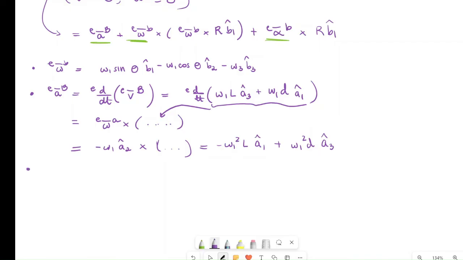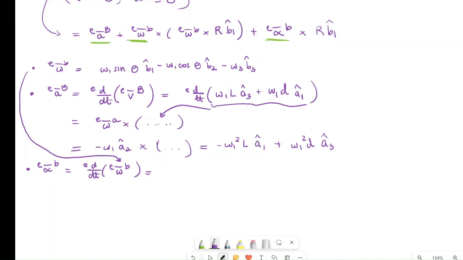And then finally we have the angular acceleration of B and E. So this is just going to be equal to the time derivative of the angular velocity of B and E. And that we know from up here. I can just plug that in. We have to apply BKE again. So first we have the derivative with respect to the B frame of the original vector.